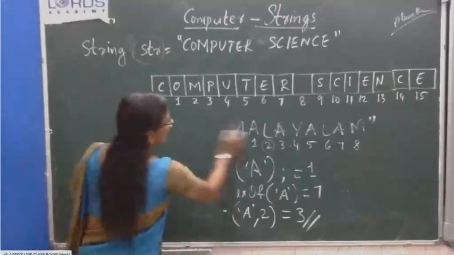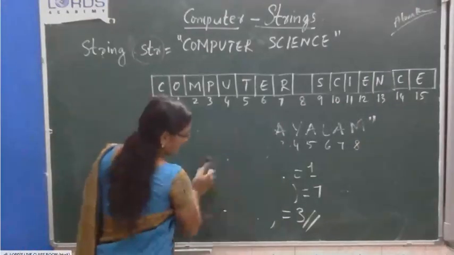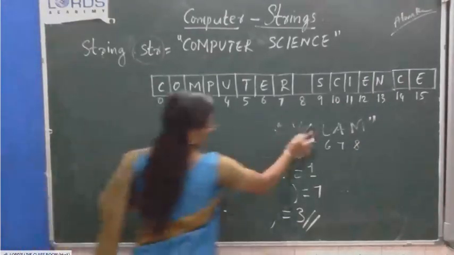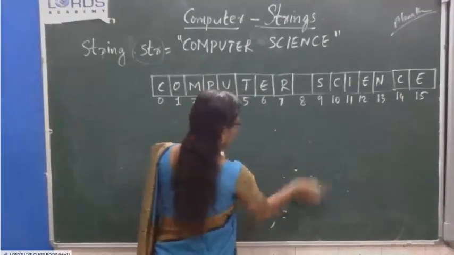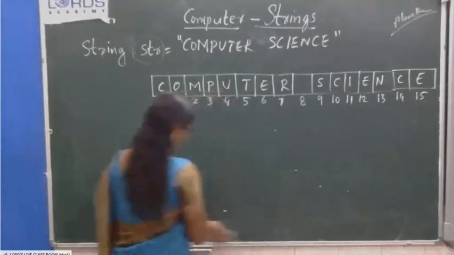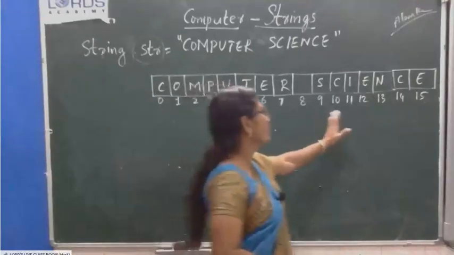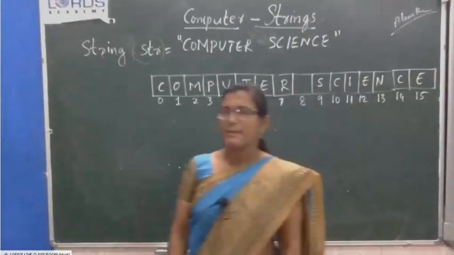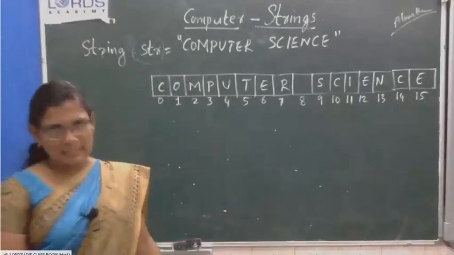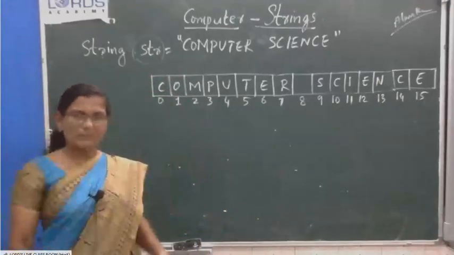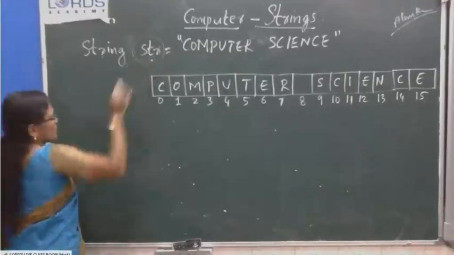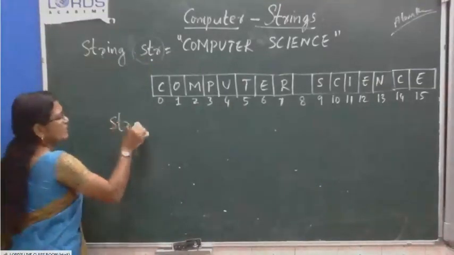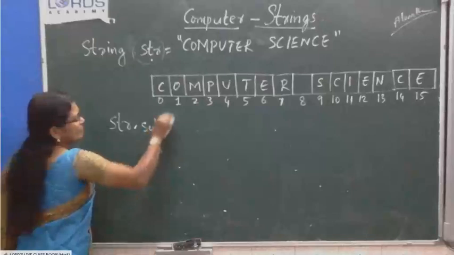From the string I want to take out this group of characters, "science". There is a method called substring method. It extracts a part of the string.